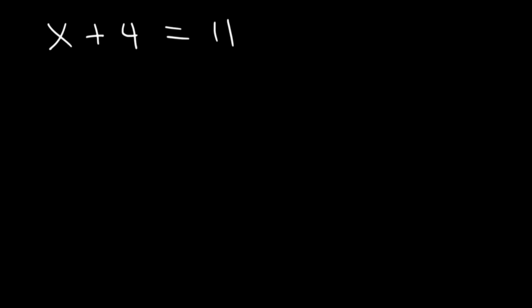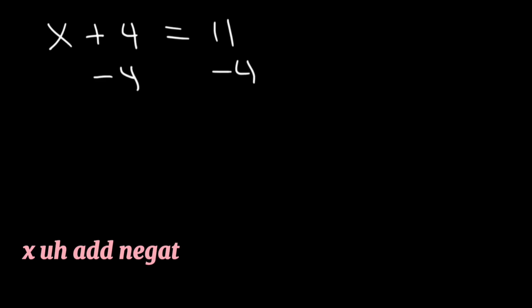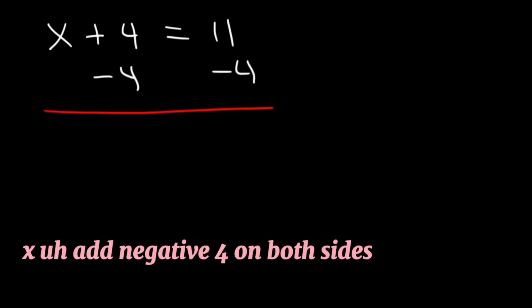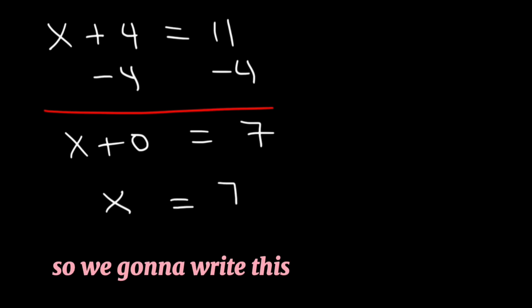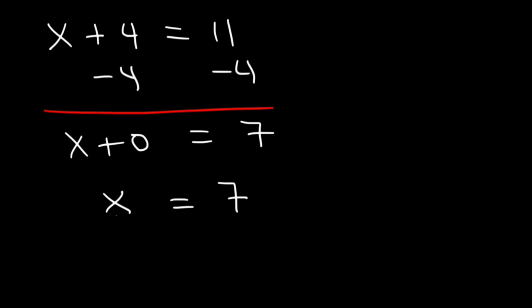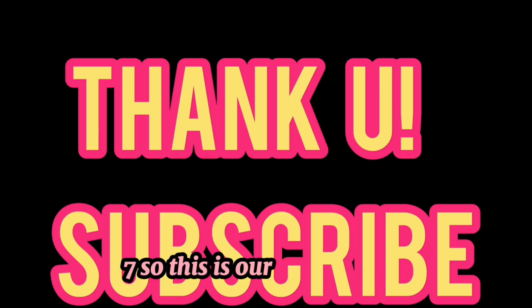Therefore, add negative 4 on both sides, then x is left here, which is 7. So we're going to write this one as x is equal to 7. So this is our final answer.